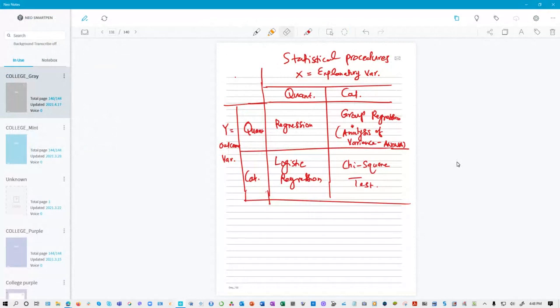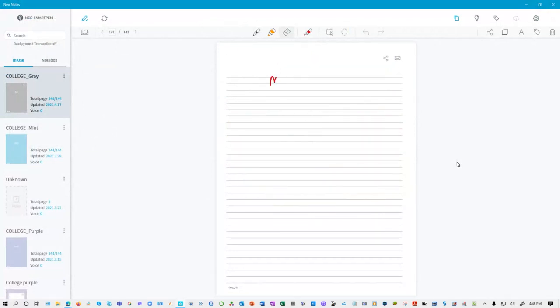Okay, see, model for relationship between the outcome variable and the explanatory variable.